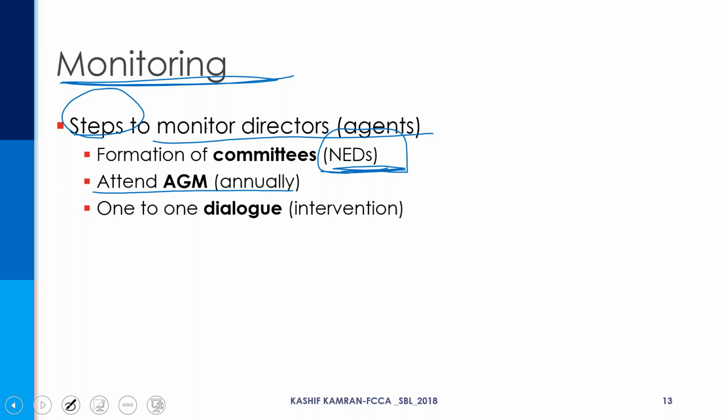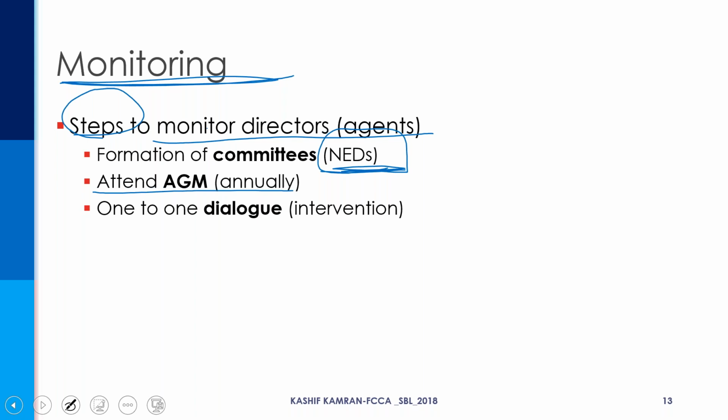Governance has come from the Enron scandal. Governance has come in our syllabus of ACCA from the Enron scandal. So all of you realize how important the Enron scandal was. The Enron scandal was an eye-opener that you cannot leave the agent without check and balance.